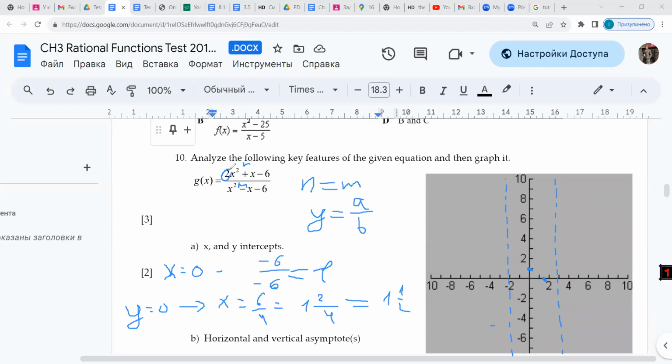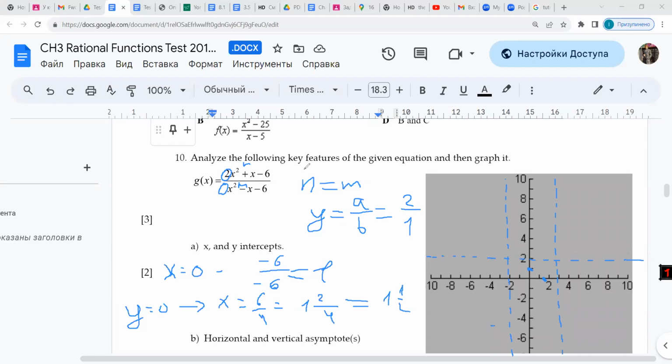A is the leading coefficient in the numerator, and b is the coefficient in the denominator. In our case, it's going to be 2 over 1, so basically 2. So we're going to have a horizontal asymptote at y equals 2.